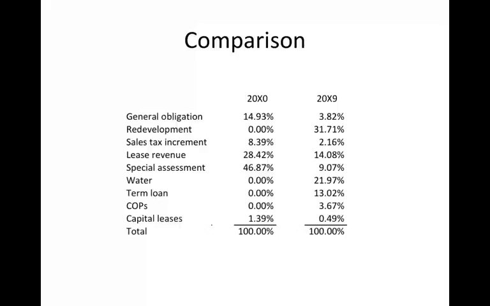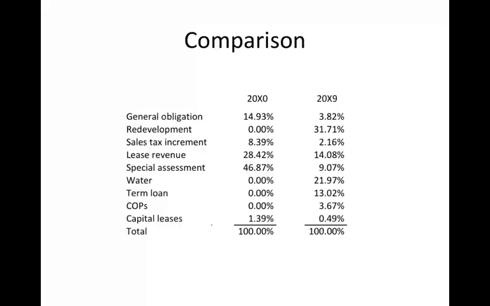And so obviously those percentages change very significantly. And then the things that were big ticket items, like lease revenue debt and special assessment debt, dropped considerably. I didn't mention special assessment debt in talking about the various types of debt.